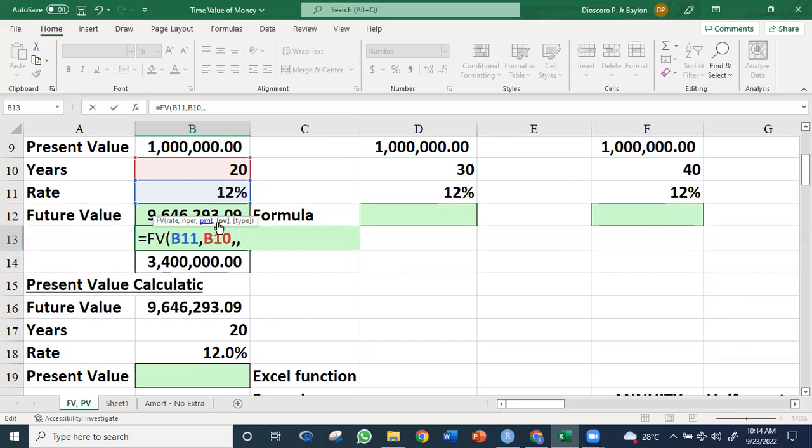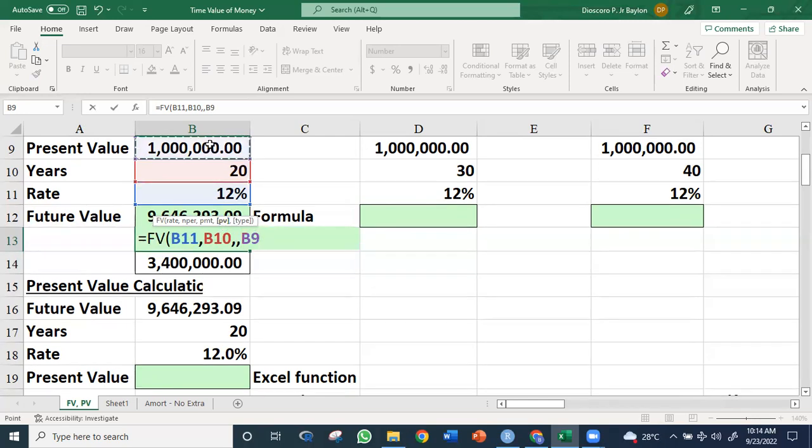The next thing being asked is the present value. How much is the value now? That's 1 million, which is what we're going to invest. And then lastly we have type, the comma. Now this type is for annuities. Since we're not dealing with annuities, you can either type 0 there or just ignore it.